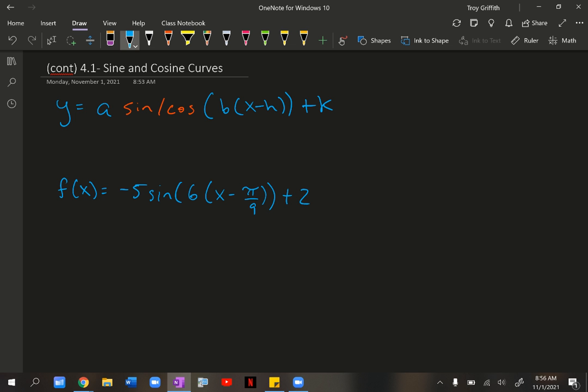So we just talked about already how a helps determine our amplitude. b helps us determine the length of our period because we learned that P is equal to 2 pi over b. And then in this video, I'm going to add in h values and k values. Remember that h values shift us left or right, and then k values shift us up or down. We learned about these earlier in the year when we were talking about transformations.